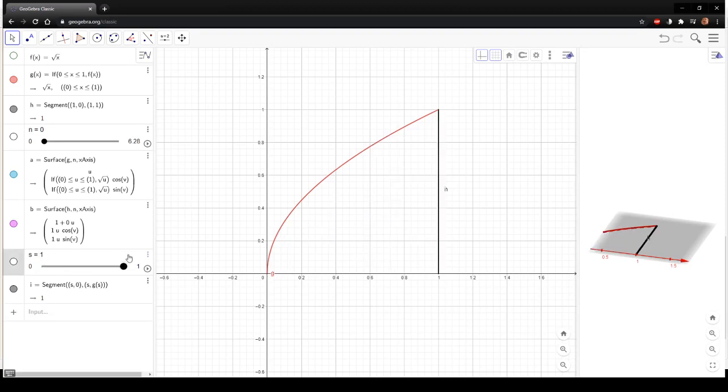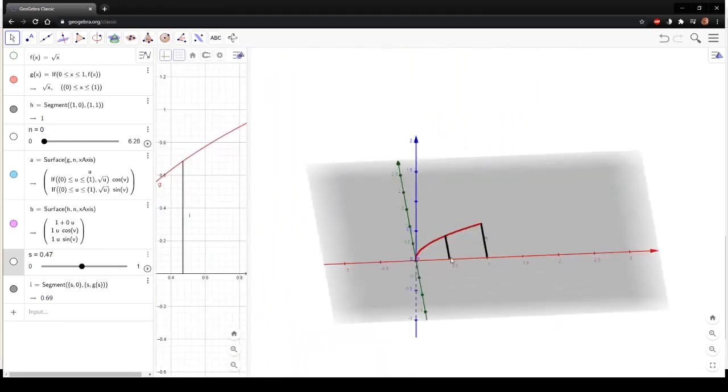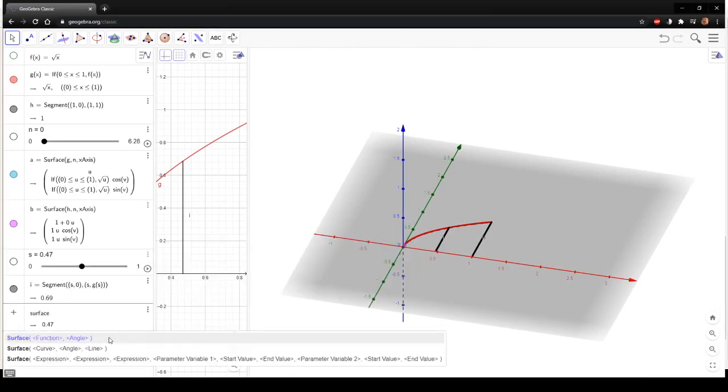Okay, so there we have our slice. Now, we can get the cross-section by rotating this slice around the x-axis, just like we rotated the entire region around the x-axis. If we rotate just this one slice, then we will obtain the annulus that I've been talking about. So Surface.